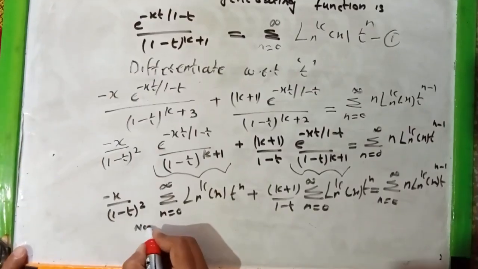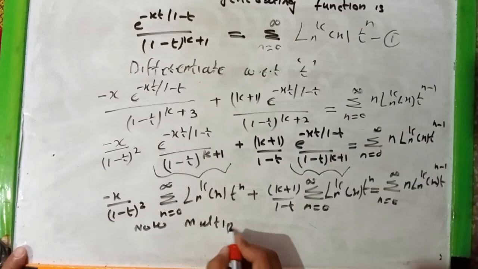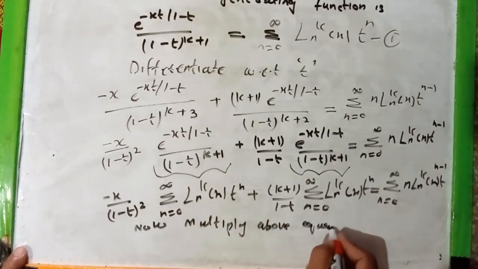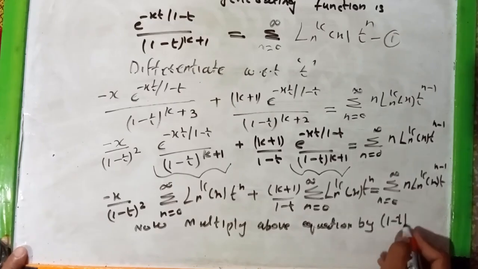Now multiply the above equation by 1 minus t square.